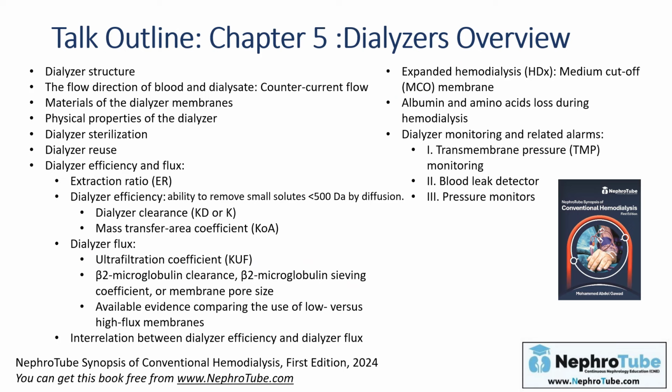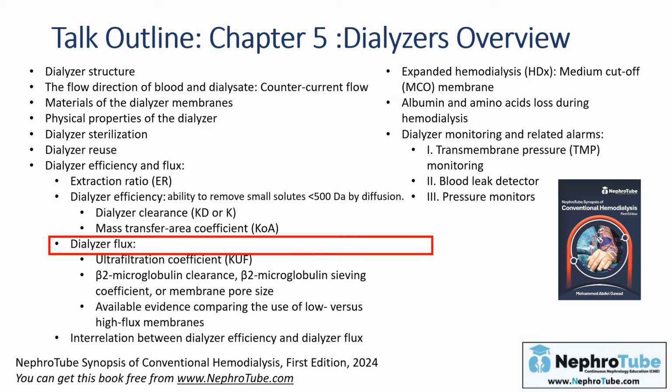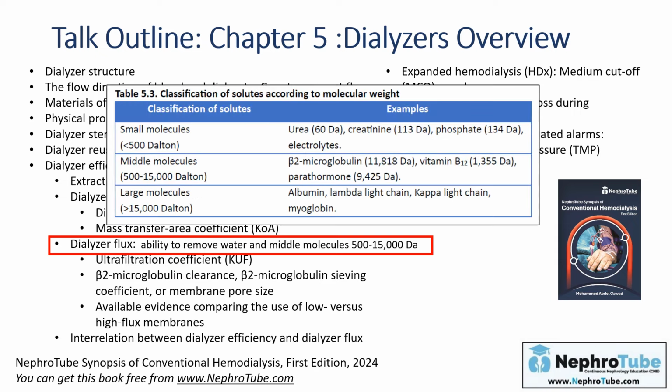The next point to discuss is the dialyzer flux. The dialyzer flux denotes the ability of the dialyzer to remove water and middle molecules. Middle molecules are between 500 and 15,000 Dalton.